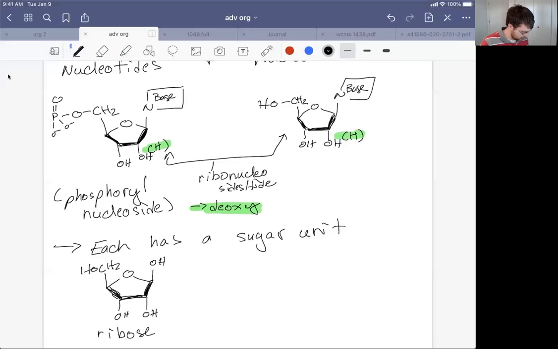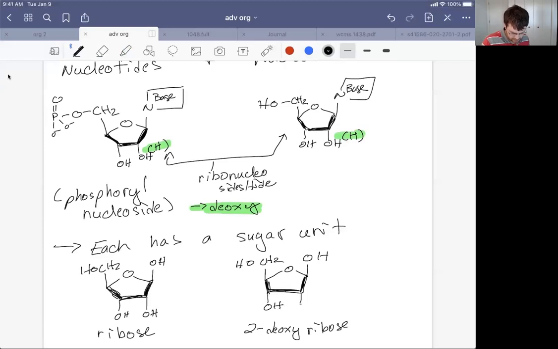And we could have also 2-deoxyribose. And that deoxy unit is the exact same Haworth projection, where if we put the CH2 on the left, and it goes up, down, down.